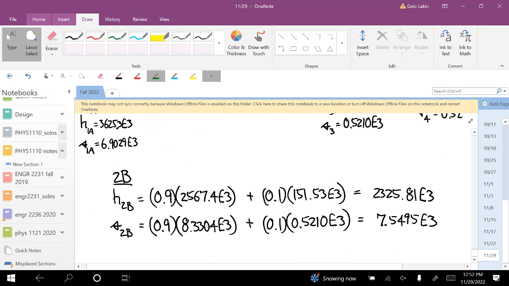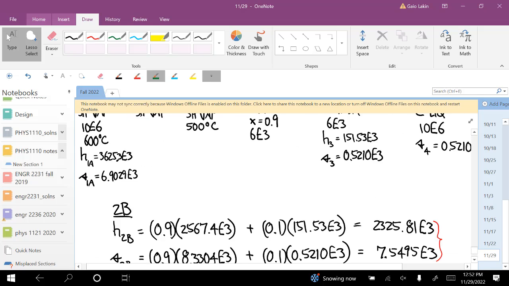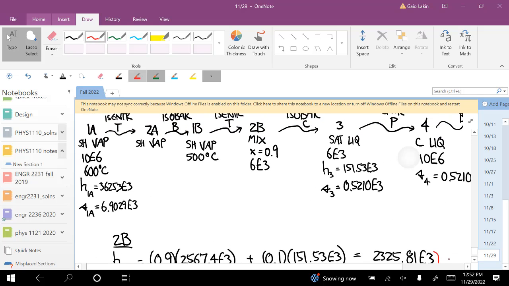All right, well, these now are values at this state 2B.